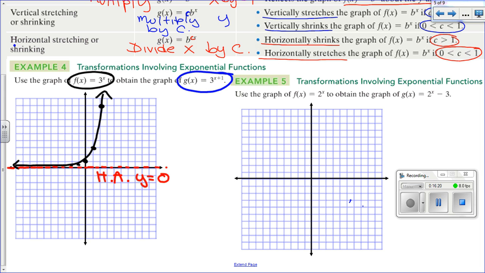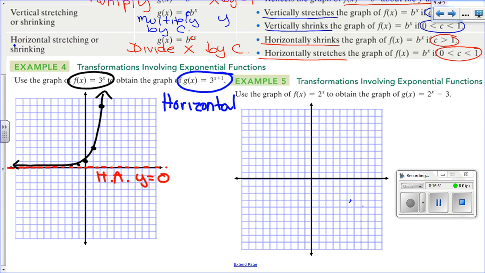So what type of transformation will that be? You can look at your notes. Emily, what do you think? Horizontal, very good. Jasmine, is it going to move to the left or to the right?